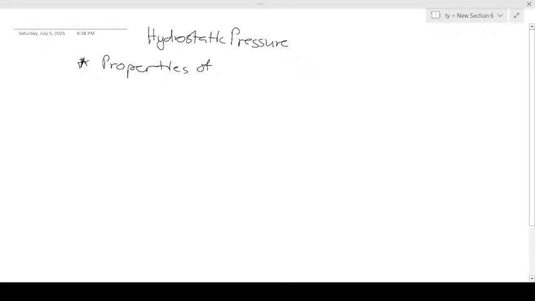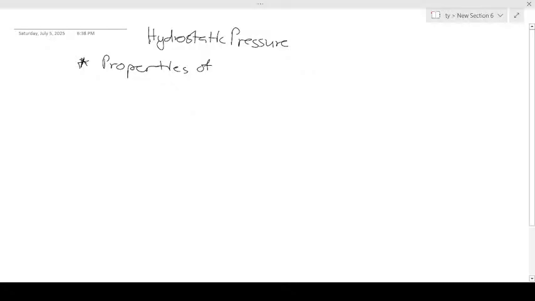So it says hydrostatic pressure is a compressive stress and always acts along the inside normal to the element of area, meaning that hydrostatic pressure is always going to act perpendicular to the surface of the medium in which it is acting. And the second thing is that the magnitude of hydrostatic pressure at a given point does not depend on the orientation of the surface.